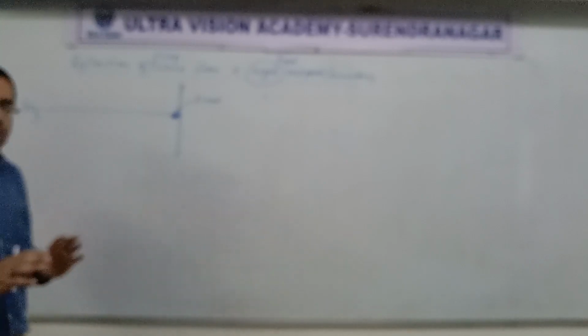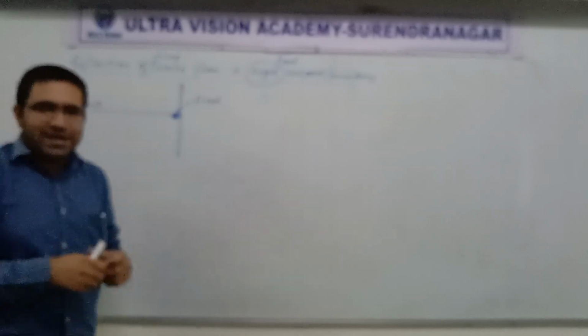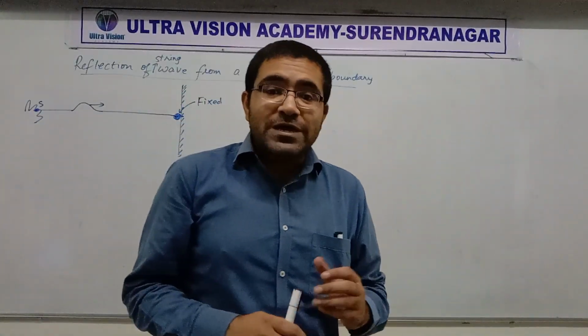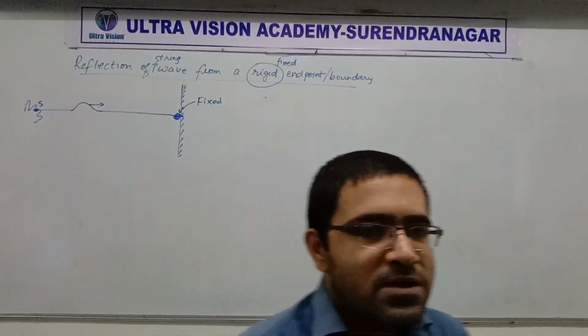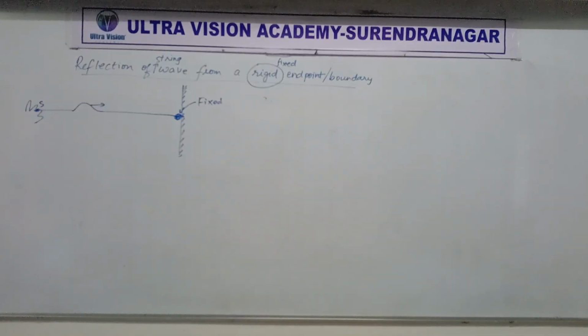Now we will see what will happen as the wave reaches there. But before we go to that point, I want you to answer a simple question. Suppose we want to generate this kind of wave pulse from this source, which is in your hand. Remember, the point S is the source in your hand. What should we do?